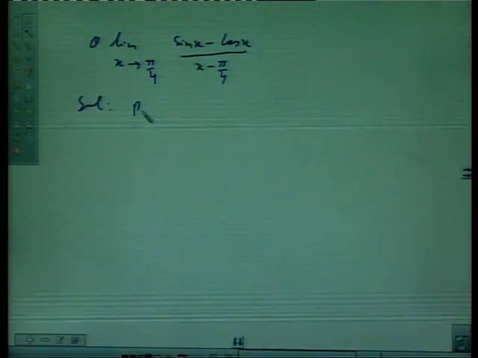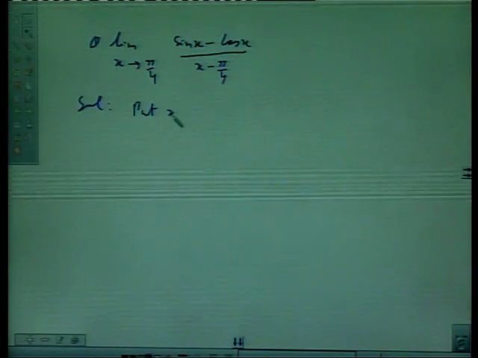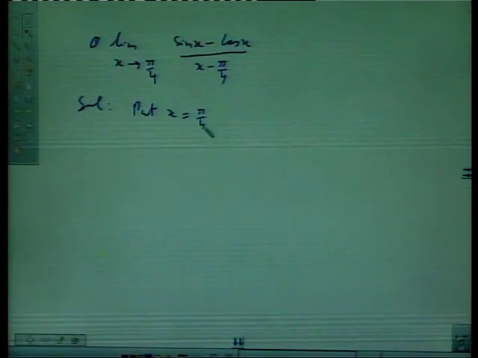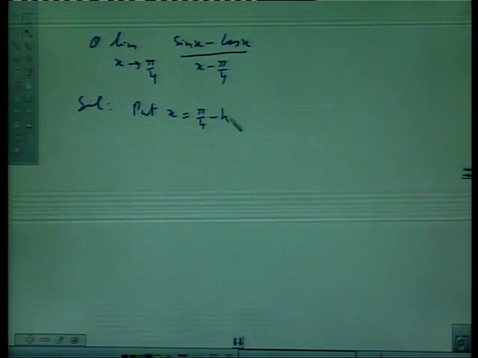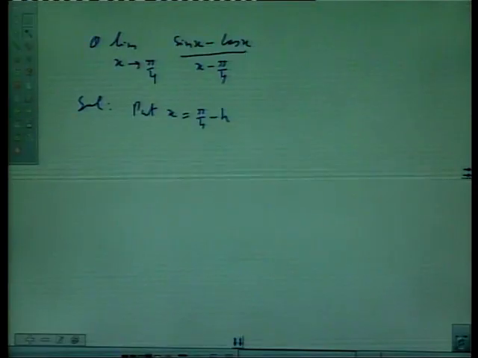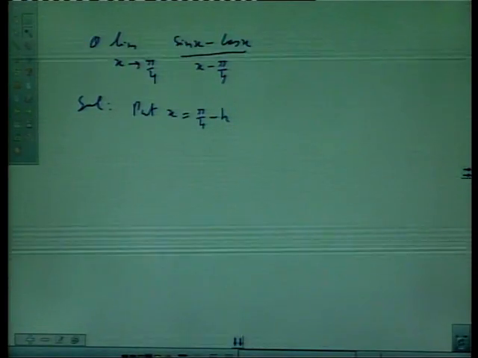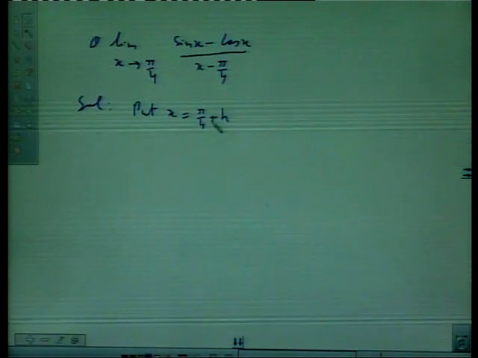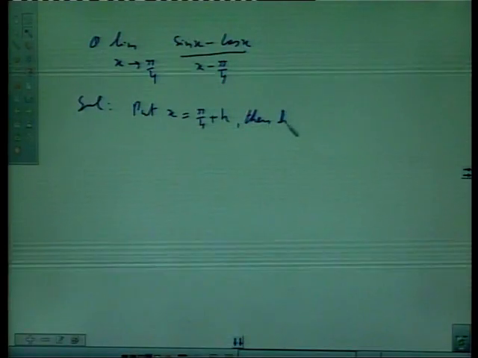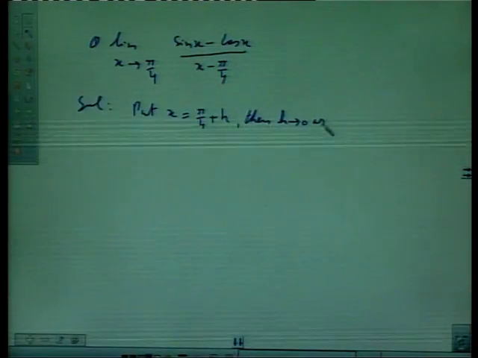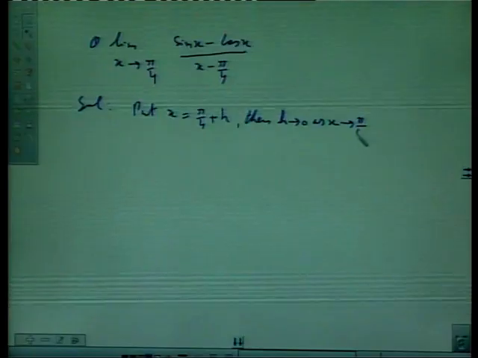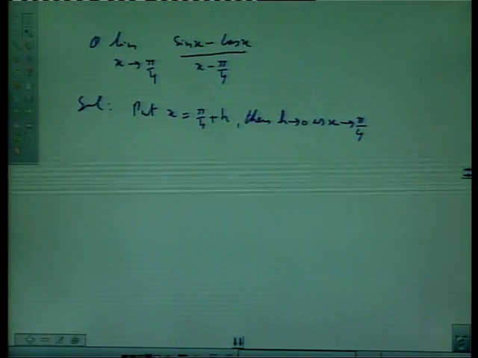So, if I put x is equal to pi by 4 plus h, then h tends to 0 as x tends to pi by 4.